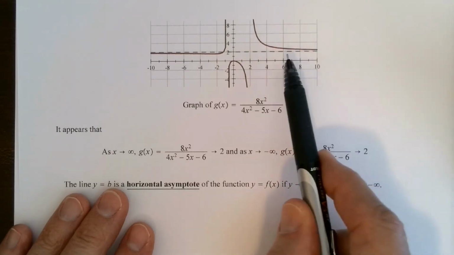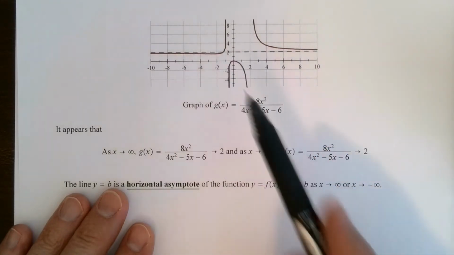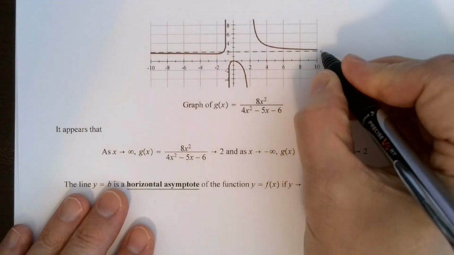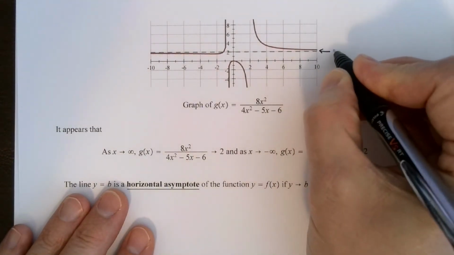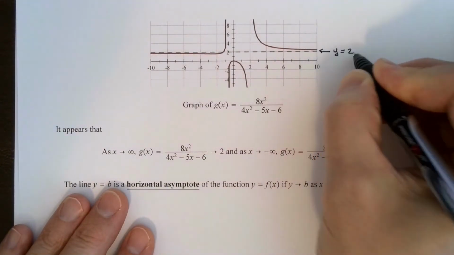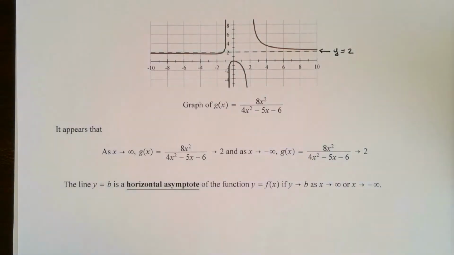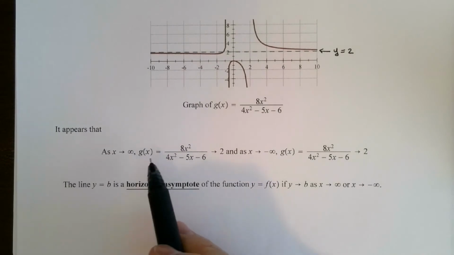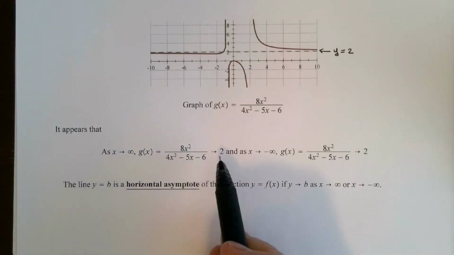This dashed line right here is the line y equals 2. Horizontal lines are always y equals a constant. So we're getting closer and closer to 2, and that's the way we write it: as x goes to infinity, g of x, the function, is approaching 2.